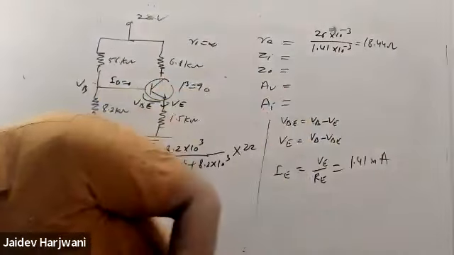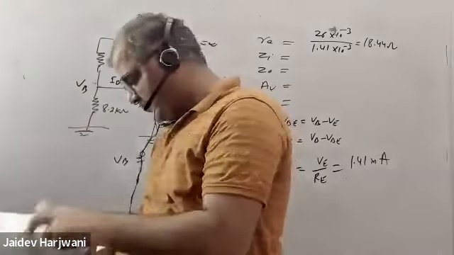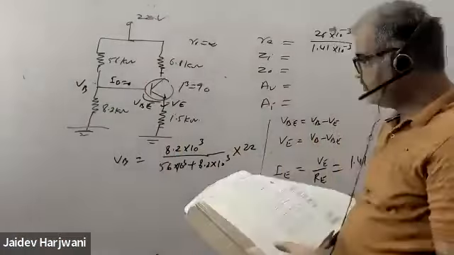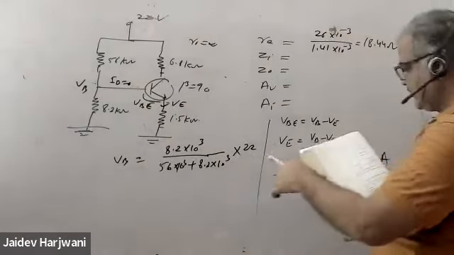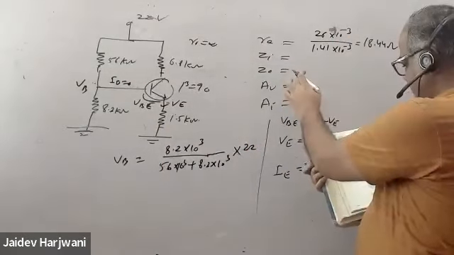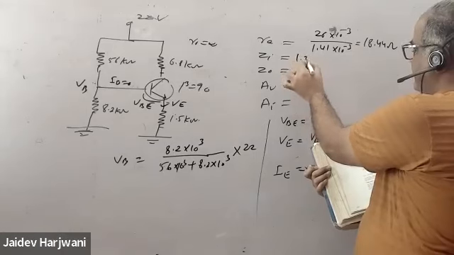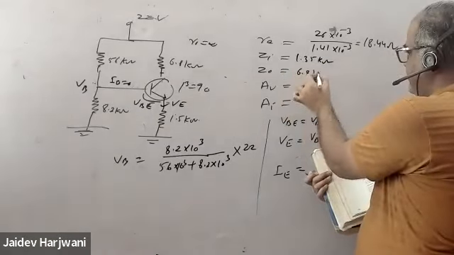I'm giving you the answers. You send me the homework by calculating. I'm giving all approximate values; not necessarily these values are exactly correct, but approximately the same should come. ZI is with me 1.35 kilo ohm. Z naught I have 6.8 kilo ohm.